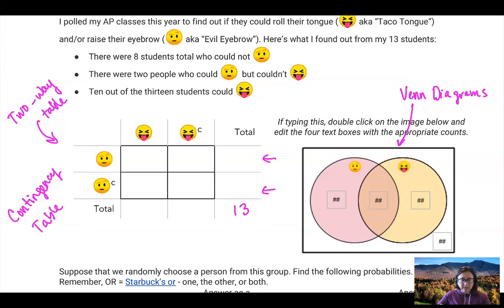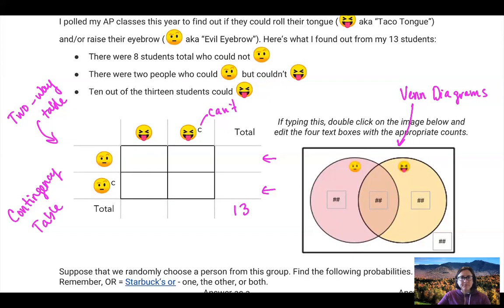And then if you remember the notation that we worked on last week, this little C means can't do it. It stands for complement. So those are going to represent the total number of students that can't do these things. And then the inside boxes are going to represent the students we're calculating the probabilities for those two things at once.